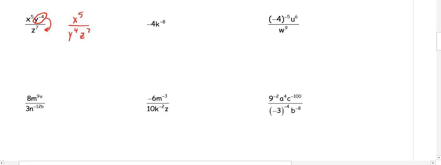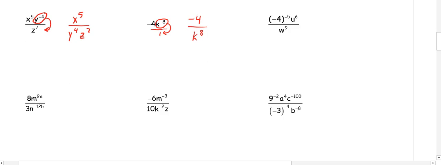In the next one, we have negative 4 k to the negative 8th. Remember that only negative exponents are moving, so k to the negative 8 is going to move into the denominator. Negative 4, because it doesn't have a negative exponent, gets to stay in the numerator. So we have negative 4 k to the 8th.